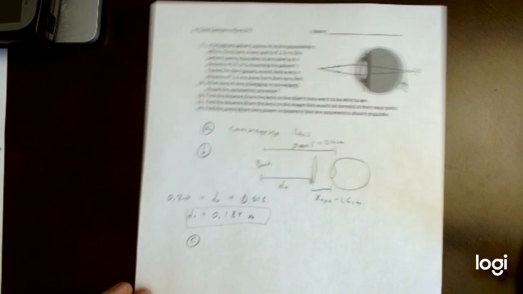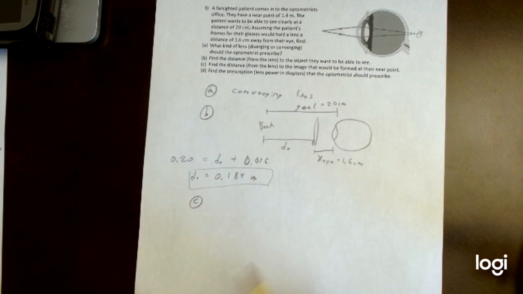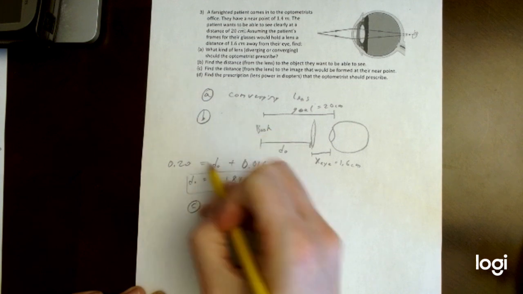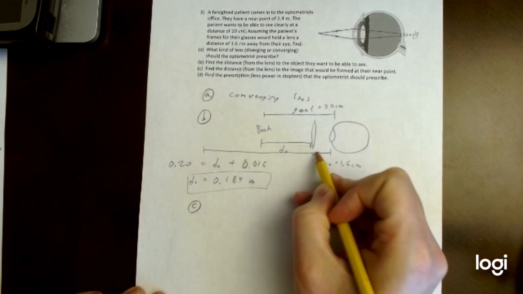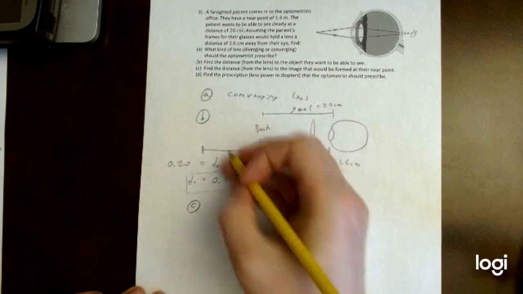Okay, so now C, we want to then think about the distance to the image that should be formed by the lens. Now this is going to be formed at the patient's near point. So if somewhere far out here, say, I'll draw in this, and this is again relative to the eye position, this is their near point.